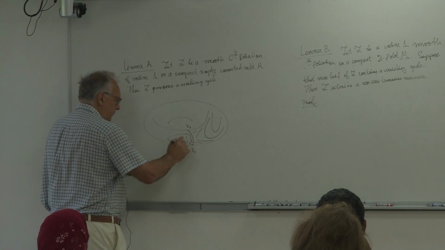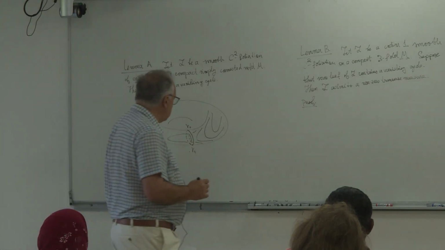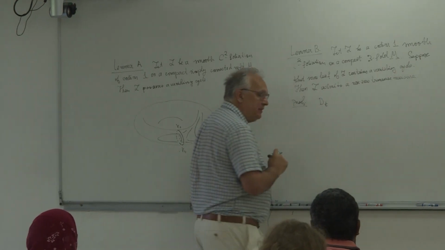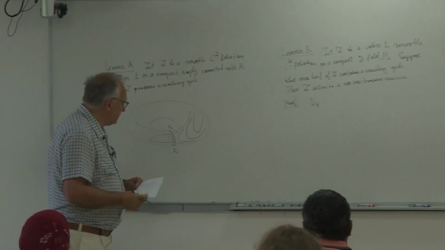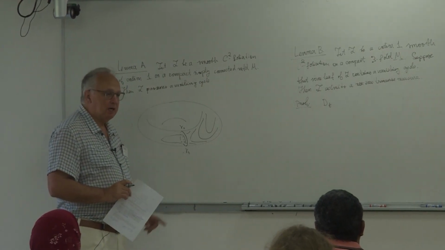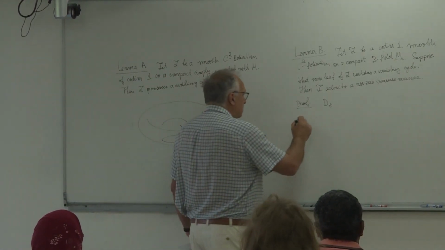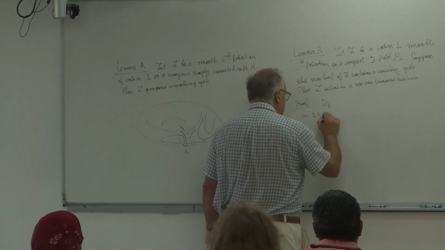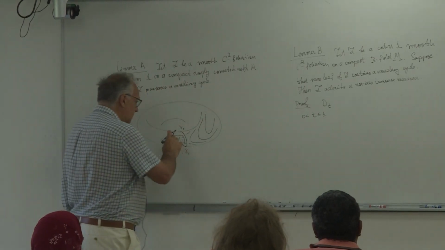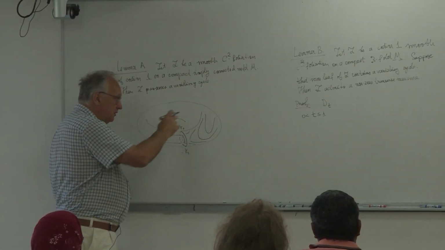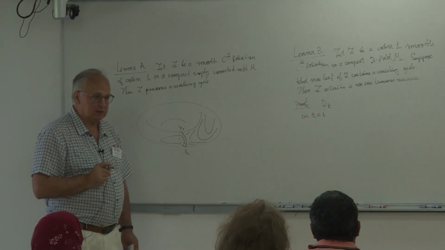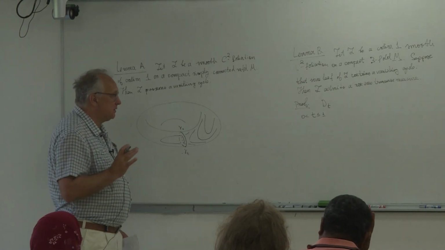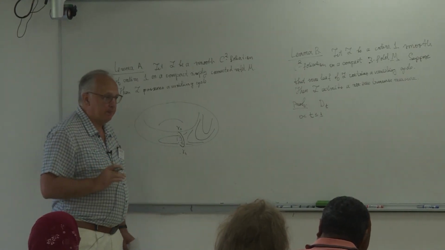Let me denote by dt the disk which is bounded by gamma t. I know that for t bigger than 0 and up to 1, my curves bound disks. Only gamma 0 is not bounding anything. So for t bigger than 0, I have a disk.